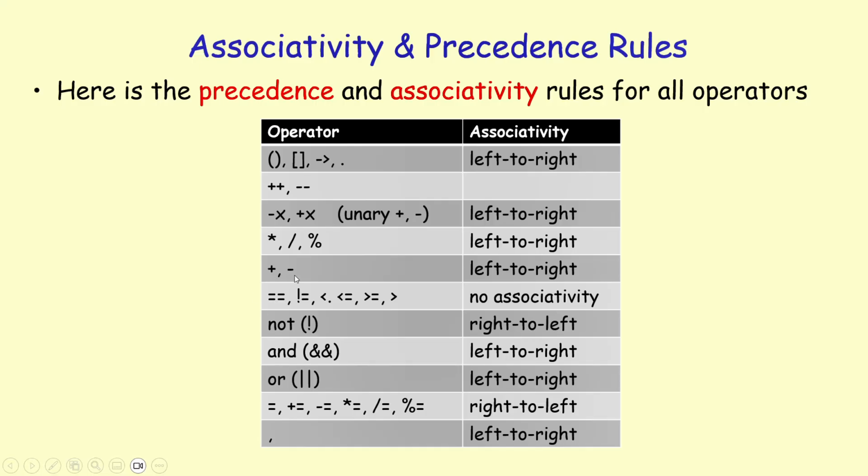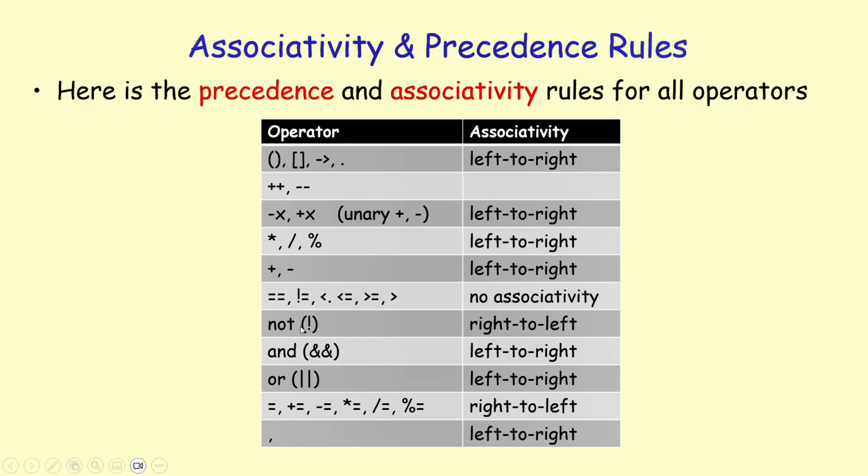Then you see plus and minus, so addition and subtraction, which have the next highest precedence, but they have lower precedence than multiplication, division, and modulo operators. Then come the relational operators: equality, not equal, less than, less than or equal to, greater than or equal to, and greater than. Then the logical operators.